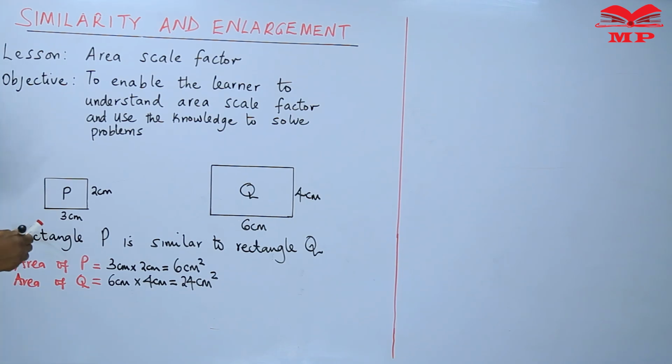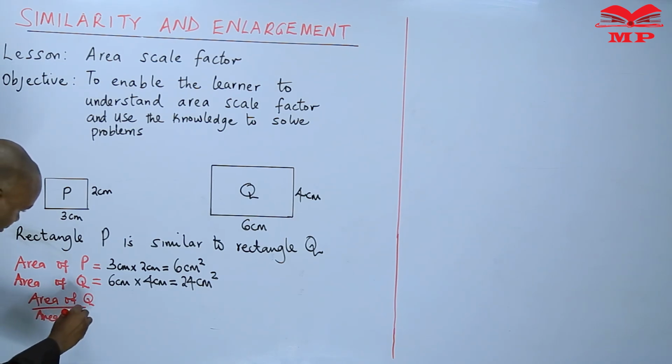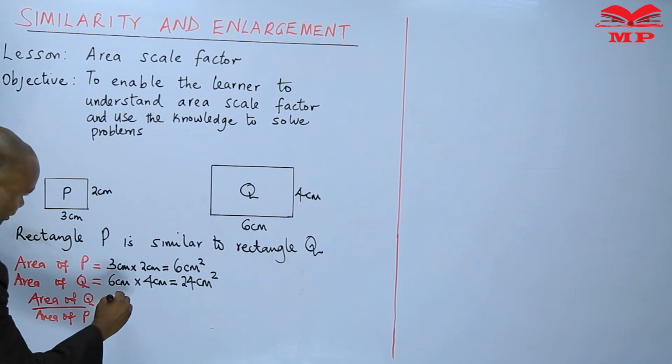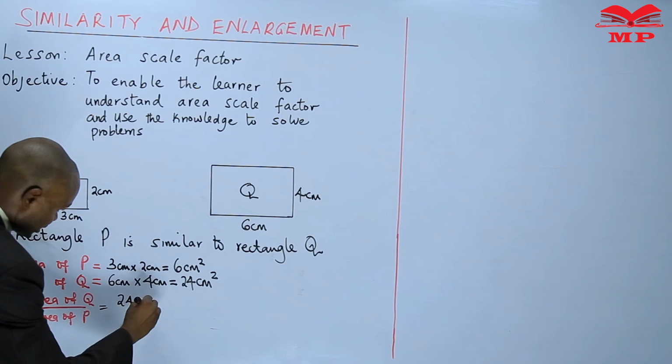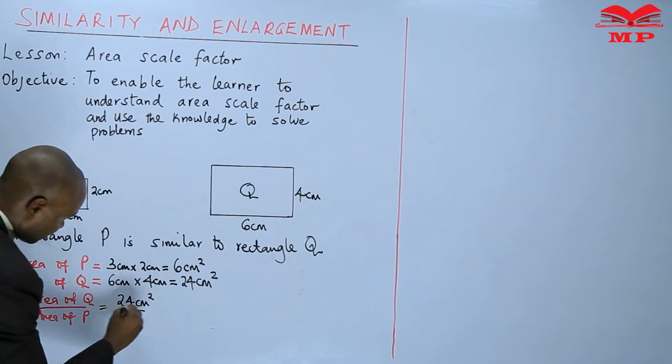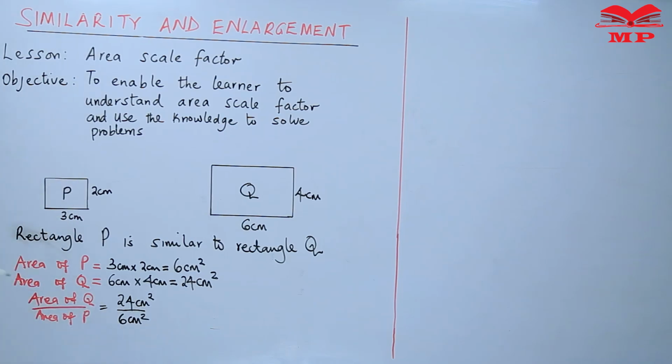So we say area of Q divided by area of P gives us 24 square centimeters divided by 6 square centimeters.